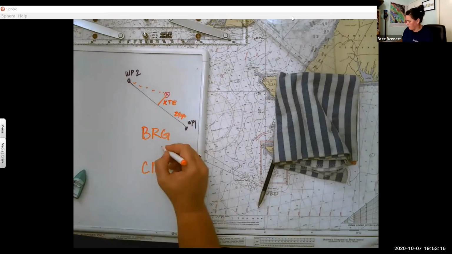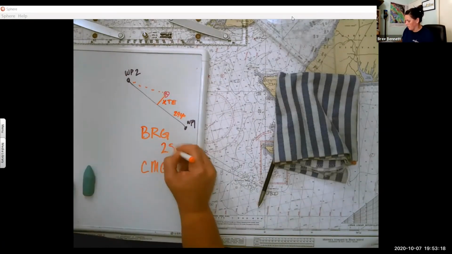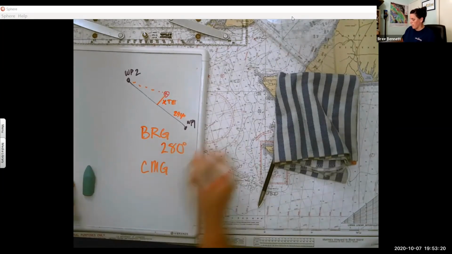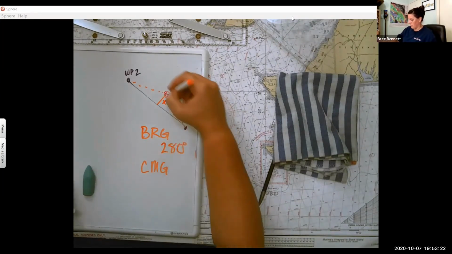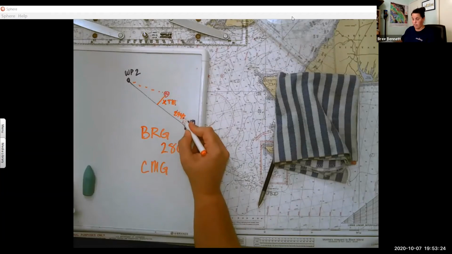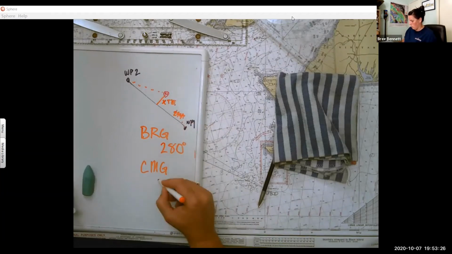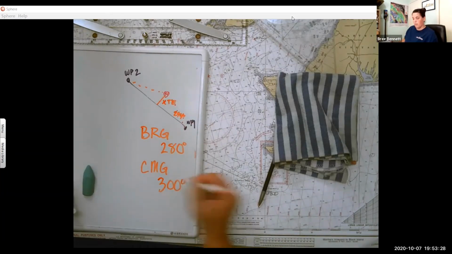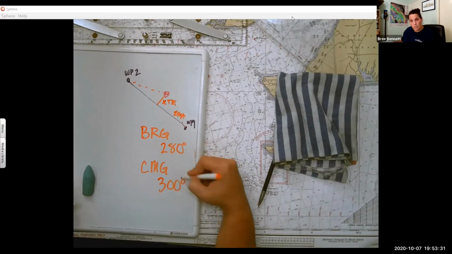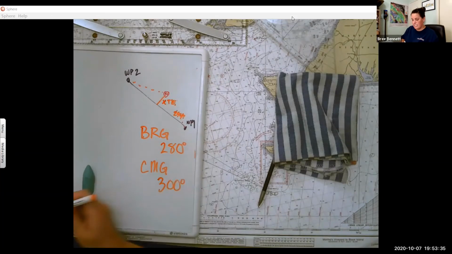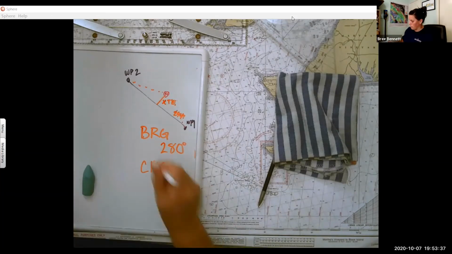It's going to be, I don't know, 280. My course that I've been doing has been more than 294. It's been, we'll call it 300. The difference between these two is how you want to adjust your course, because ideally you want these two numbers to be the same.